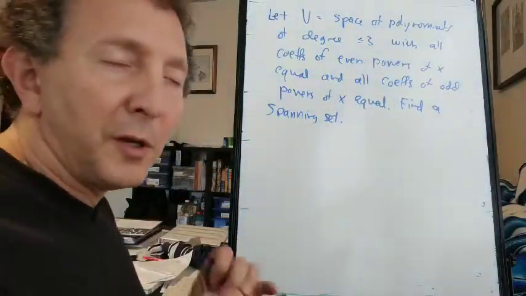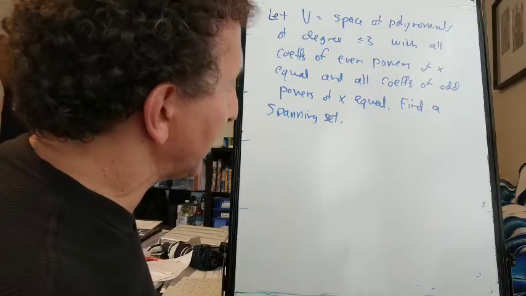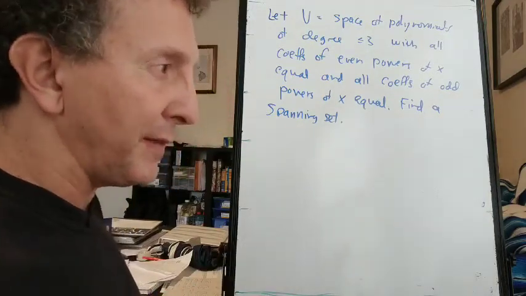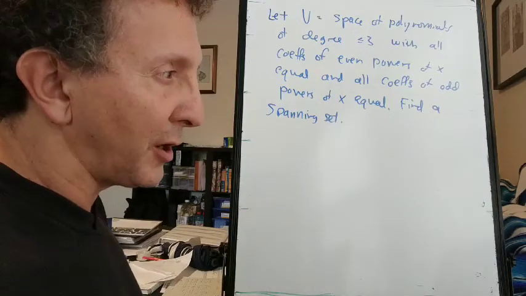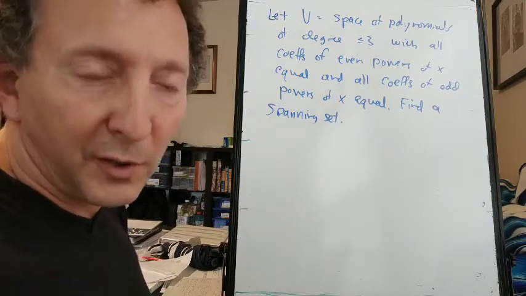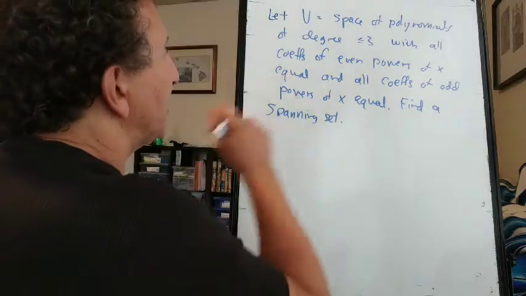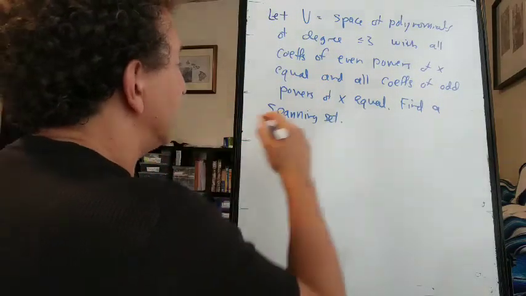So the trick is to put numbers into your typical element one at a time, and then every time you put a number in there, you think to yourself, what other numbers just got forced because of what I did? So these are polynomials of degree less than or equal to 3.